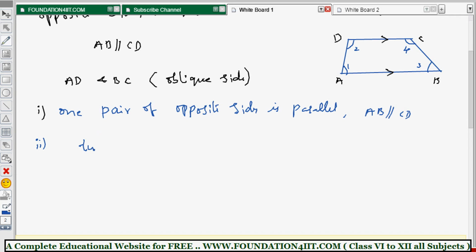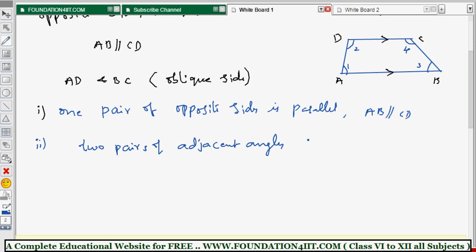Two pairs of adjacent angles form pairs of consecutive interior angles, because when two lines are parallel, there is a transversal. Here AB is parallel to CD and AD is the transversal. So they are on one side, forming a pair of consecutive interior angles.